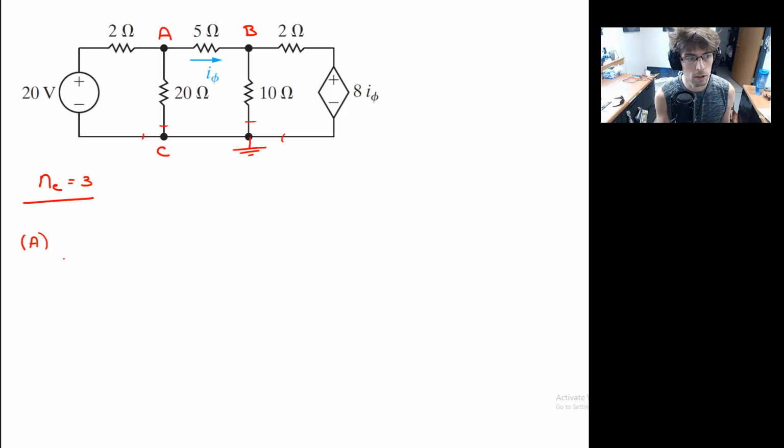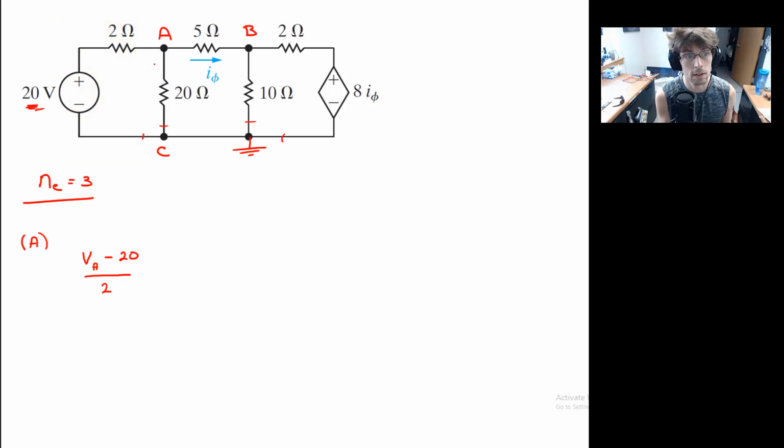Looking at node A, I will write the potential of node A minus 20, because I'm looking at this branch over here, and I'm going to divide by 2 ohms.